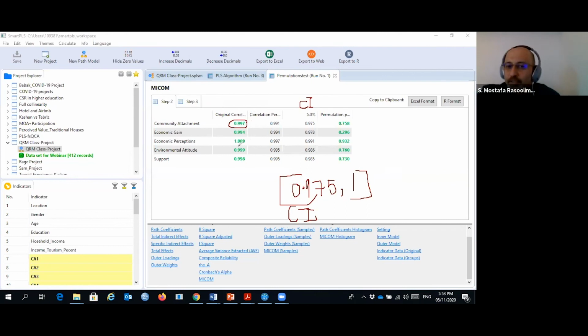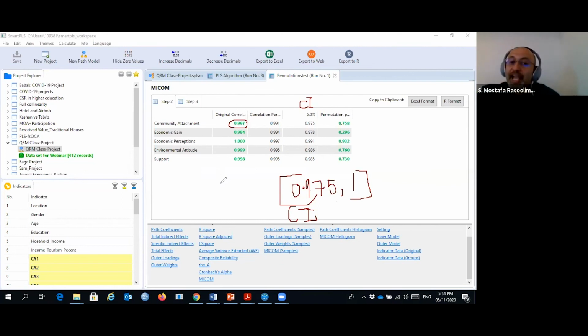So the correlation should fall within this range, between the lower level of the confidence interval and 1. When it falls in this range, it means this correlation is almost 1, not significantly different from 1.